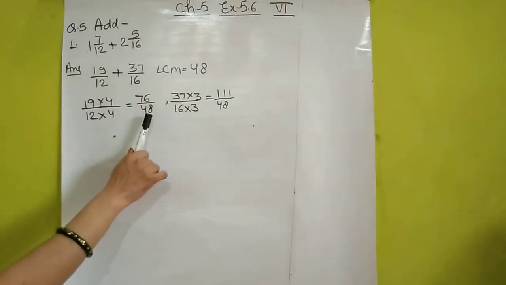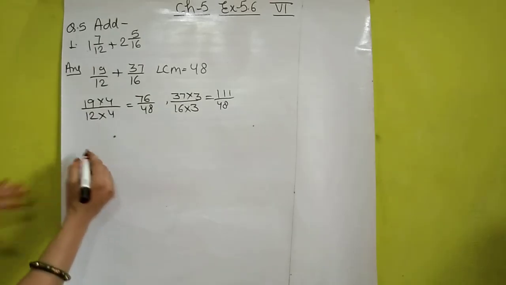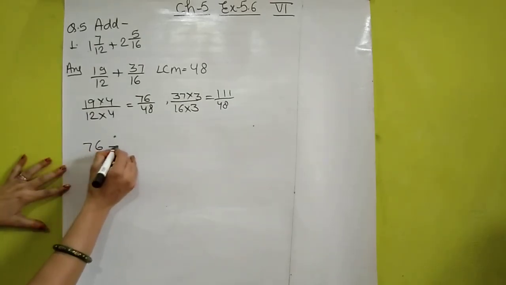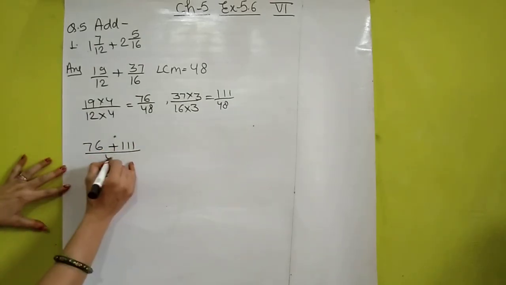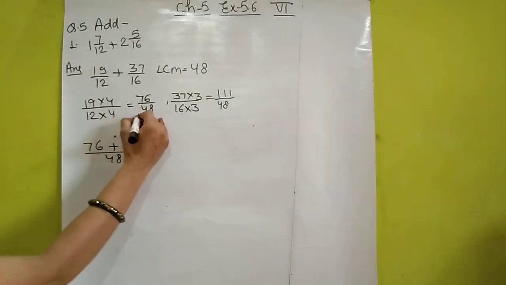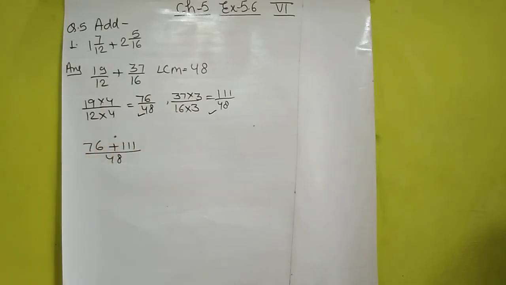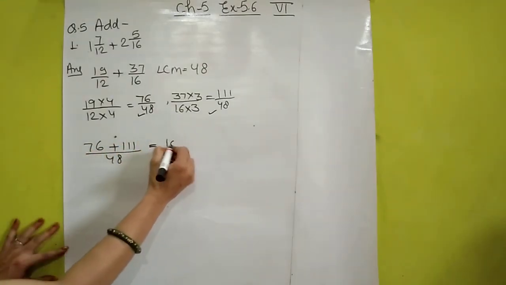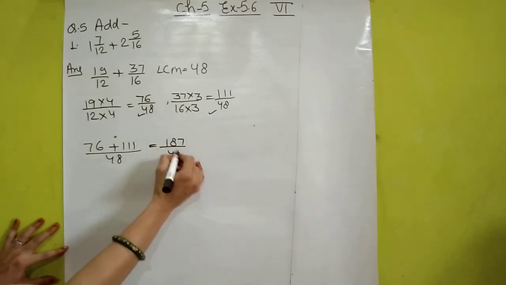Now this is 76 upon 48, 111 upon 48. So 76 plus 111 upon 48 will come, because denominators are same. When you will add, students, it will be 187 upon 48.